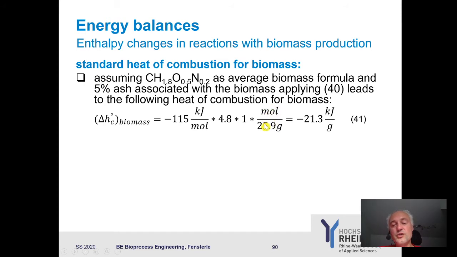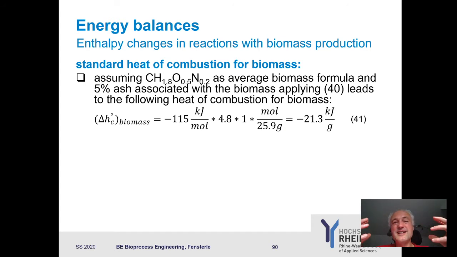And then we convert it to masses with our biomass 25.9 grams per mole, and we end up with a heat of combustion of biomass using the average formula of minus 21.3 kilojoule per gram. Per gram is of course more relevant for biomass than per mole, because what is a mole of biomass? This is just a kind of helper to bring that into the formula.